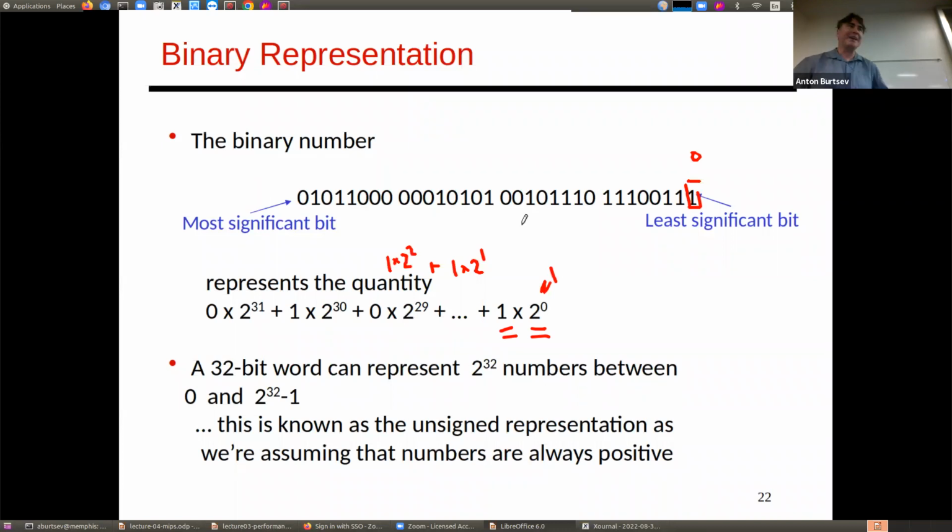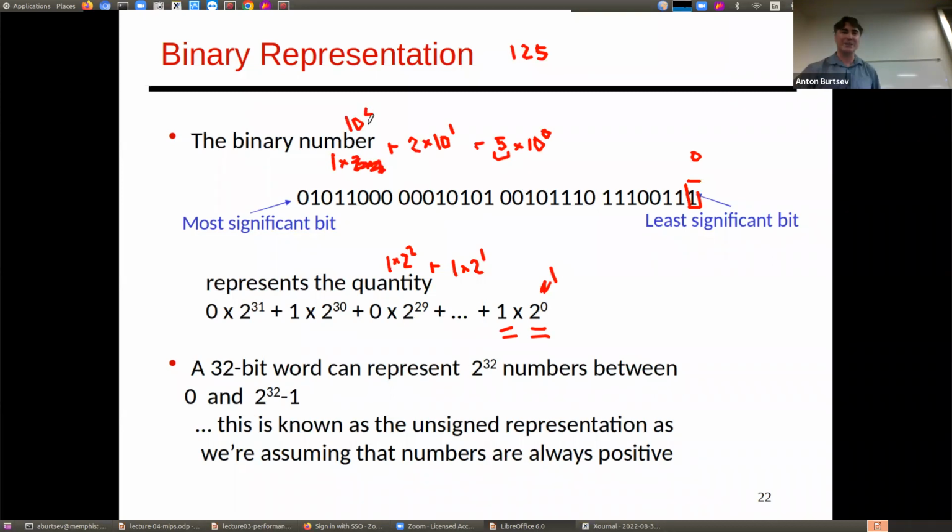The decimal system works exactly like that. Instead of 2, you will have 10 to the power 0, which is always 1, multiplied by whatever digit is in that position. Imagine you have 125. Your 5 will be here, plus 2 multiplied by 10 to the power 1, plus 1 multiplied by 10 to the power 2.